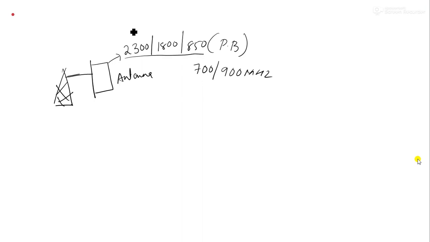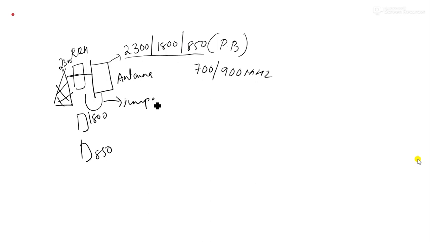Each band, for example, this particular antenna is connected to this RRH, and we had three separate RRHs here: the 2300 band RRH, the 1800 band RRH, and the 850 band RRH. Each RRH was connected to the antenna via this jumper cable.